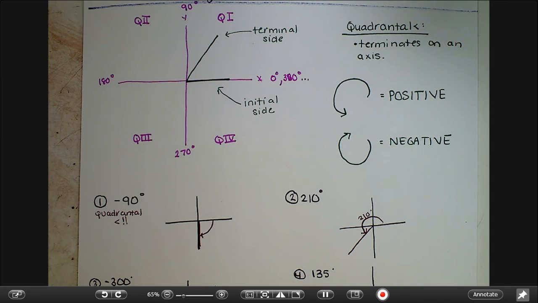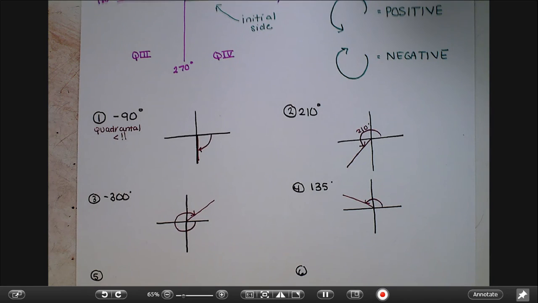That's a negative 300-degree angle. And then you go ahead and do 135 and then come back and check your answer. Welcome back. 90 and some more in the positive direction. Oh, you can't even see those. I'm sorry.